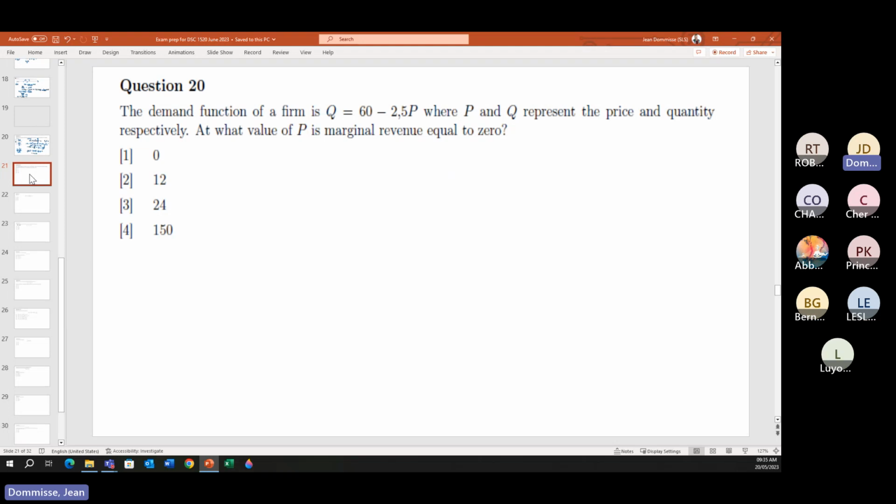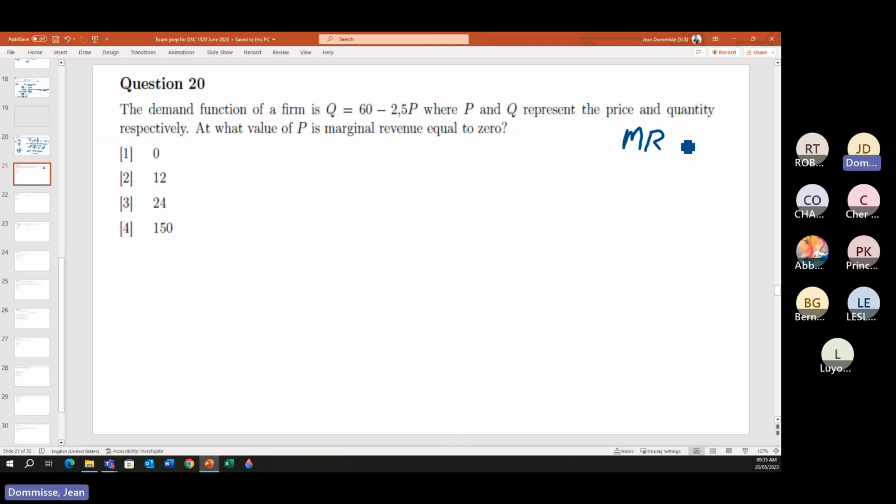Okay, so now they go from just that small function nearly, for you to go to marginal revenue. Okay, so first question nearly is: marginal revenue is equal to what?